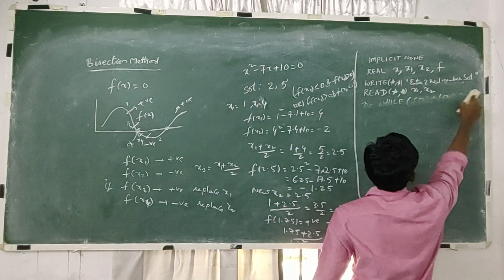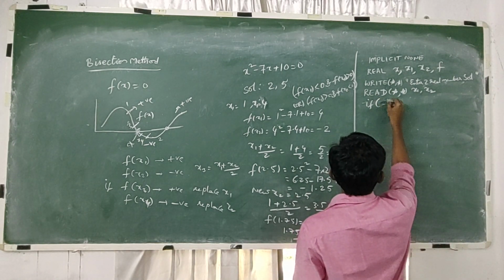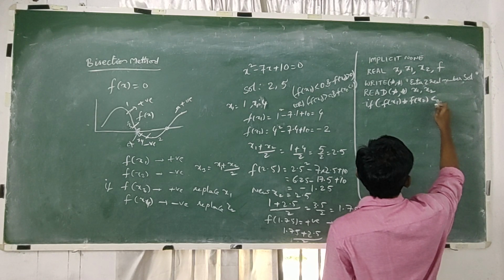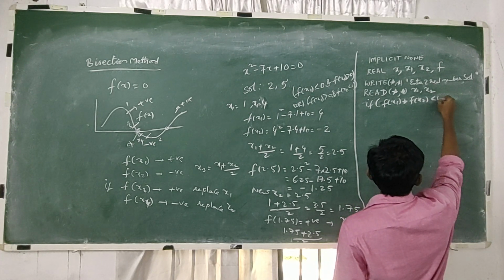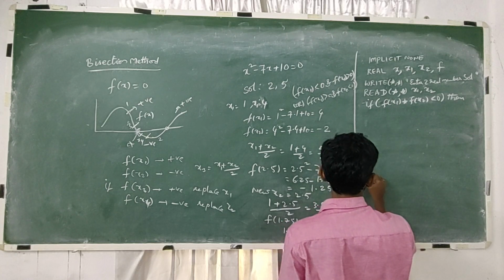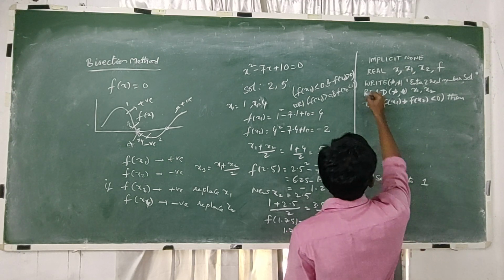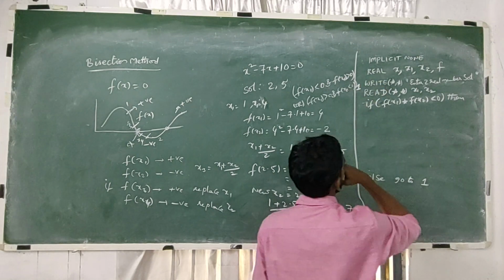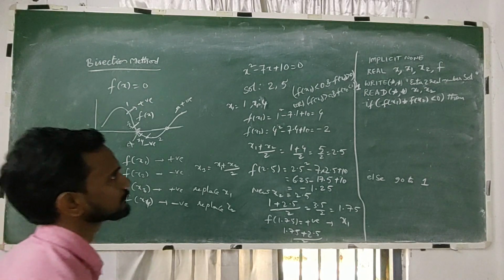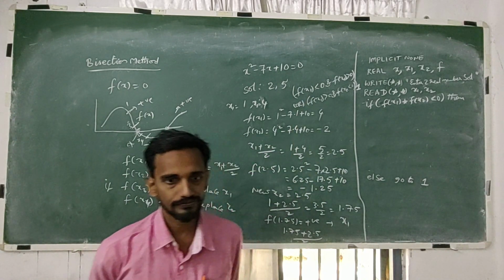So instead of that, we have to use a go to statement. F of x1 star f of x2 less than 0, then you need to continue this. రెండు less than 0 అయినప్పుడు మాత్రము కంటిన్యూ చేయాలి, అదర్వైజ్ గో టు దట్.